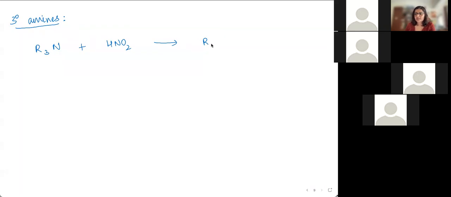You have R3N plus HNO2 giving R3NH+ NO2−. This compound is called a trialkyl ammonium nitrite, like ammonium nitrate except instead of all hydrogens, you have three alkyl groups. So what is the test?